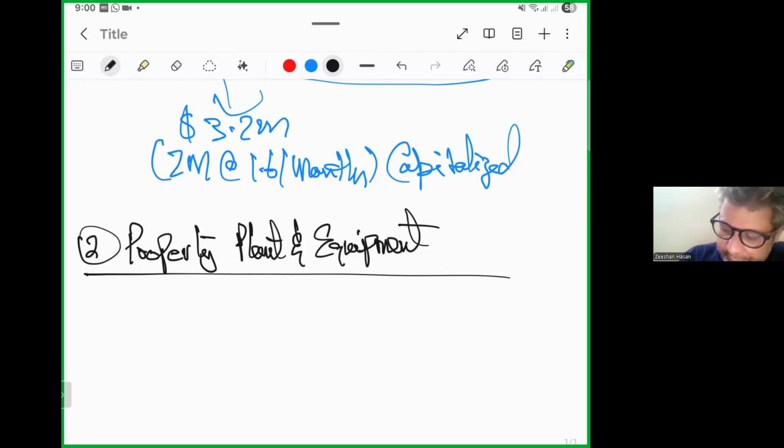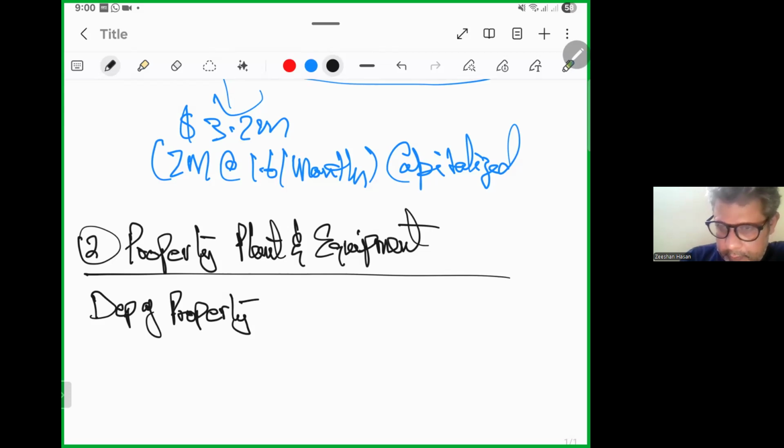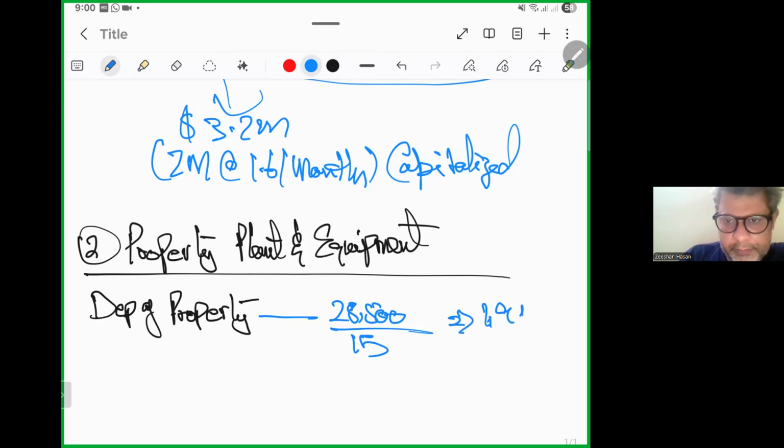Previously, depreciation of property: remaining life is 15 years, we will get the depreciation 1,900.